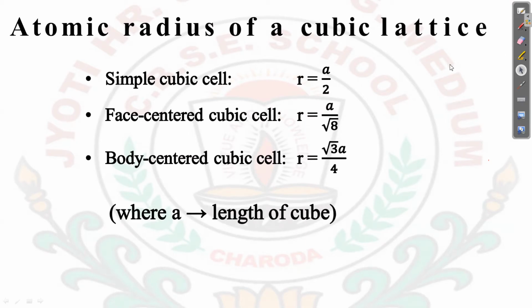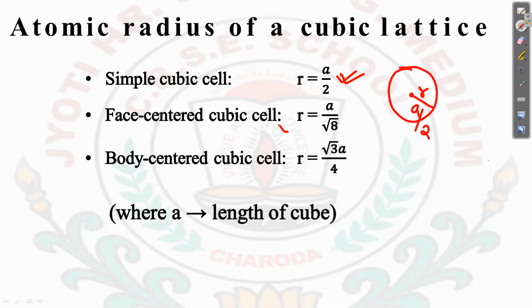Now, if I am taking the values for the radius, then for the simple cubic cell, the radius r, this r means the sphere's radius, is taken as a by 2. It means that in the simple cubic cell, the radius of the sphere will be equal to half of the edge length.